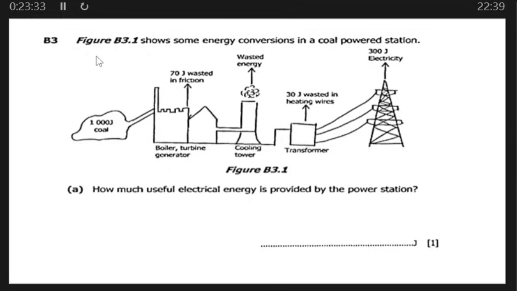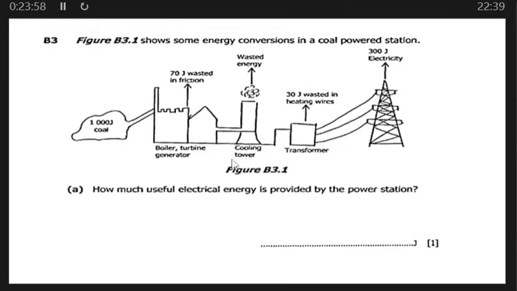So B3 reads, figure B3.1 shows some energy conversions in a coal powered station. So this is a coal powered station. We are seeing coal here being put into this station. We are seeing a boiler here, turbine generator. We are seeing 70 joules wasted in friction.